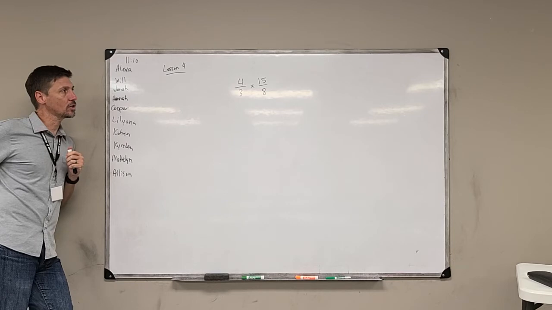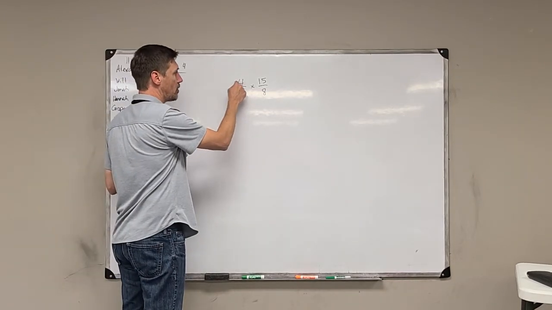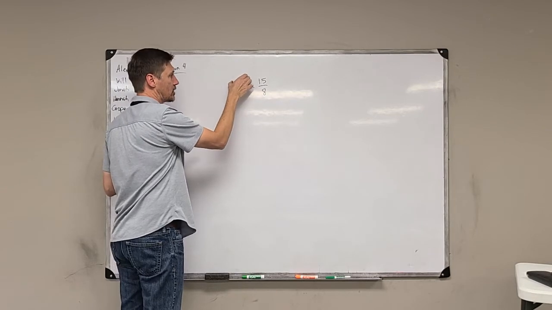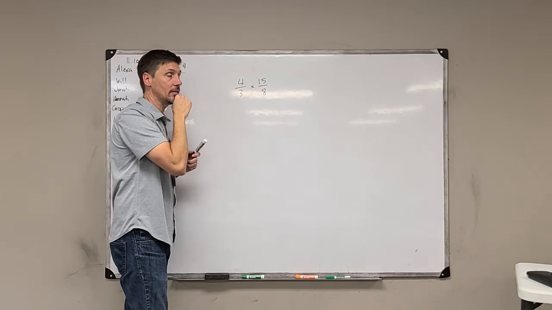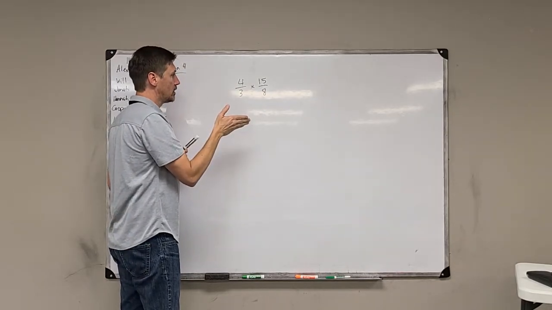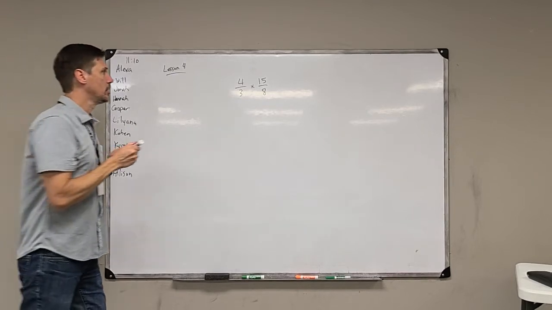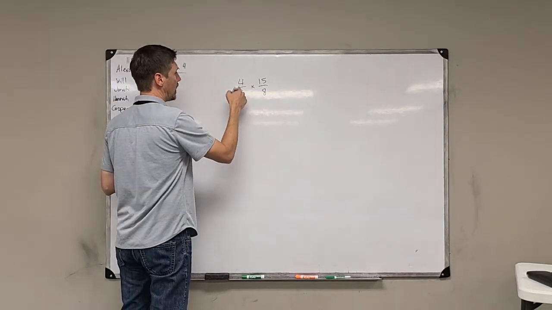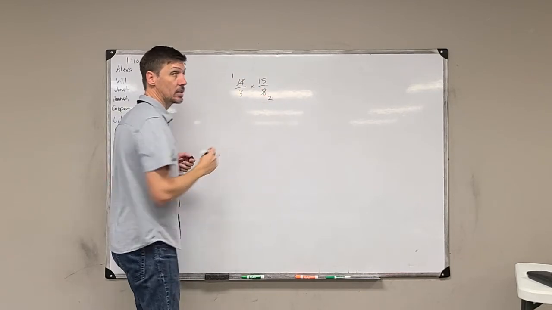Okay. So cross reduce. What she means by that is, if I've got a number on top of the fraction on one side, and on the bottom of the fraction of the other fraction, and they're divisible by a common number, then I can divide both of those by that. So this is divisible by 4, which gives me a 1, and this is divisible by 4, which gives me a 2.